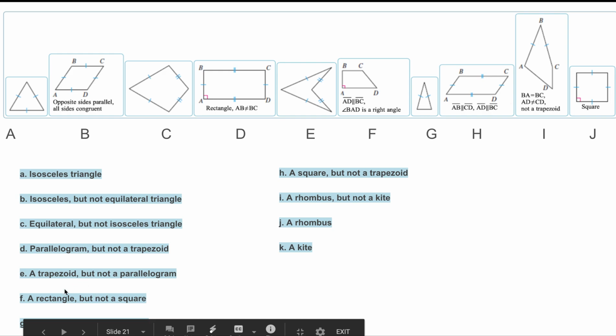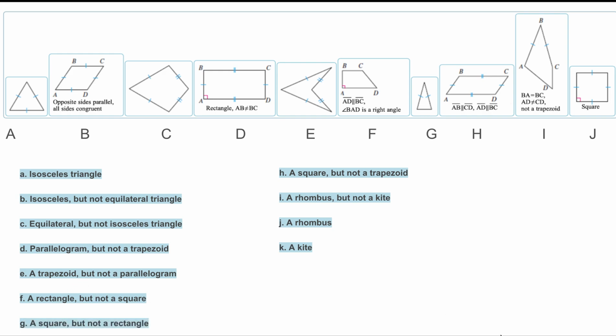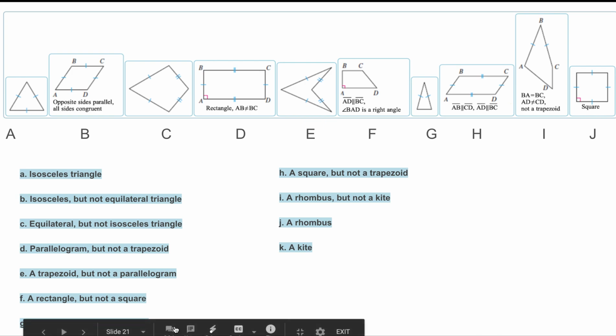How about F? A rectangle, but not a square. To be a square, you need both rectangle and rhombus characteristics: all four angles and all four sides congruent. But here you need only a rectangle, so all four angles are 90-degree angles, but the sides are not congruent, so it doesn't become a square.